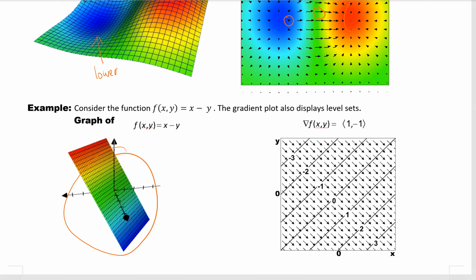But looking at this function, you can see the derivative of f with respect to x is just 1, and the derivative of f with respect to y is -1. So the gradient (1, -1) is going down, right? And so this is the x-axis, this is the y-axis.